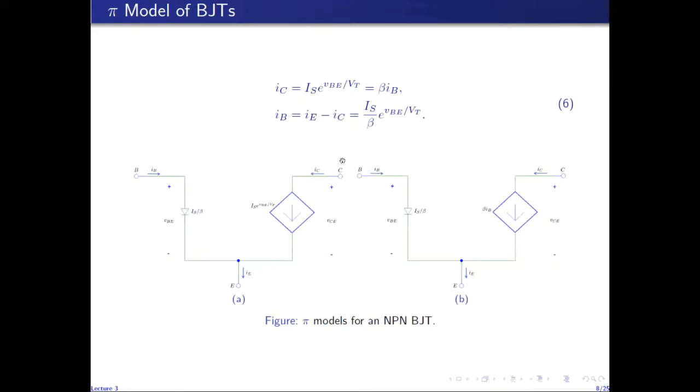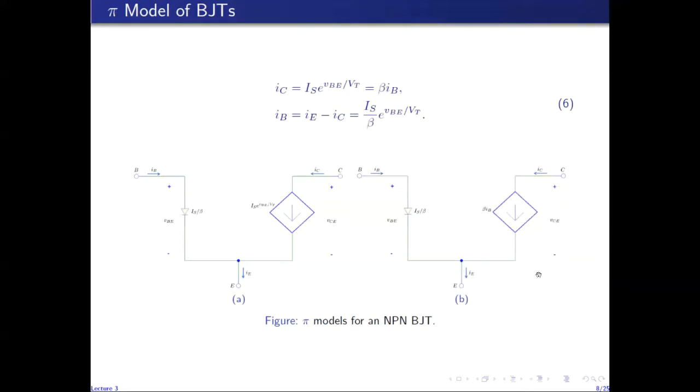So again, if we assume the base and emitter terminals to constitute the input port and the collector and emitter terminals to constitute the output port, then we observe a current of IB flowing through the input port and a current flowing through the output port, which is given by beta times IB.